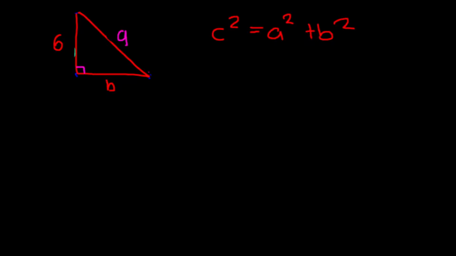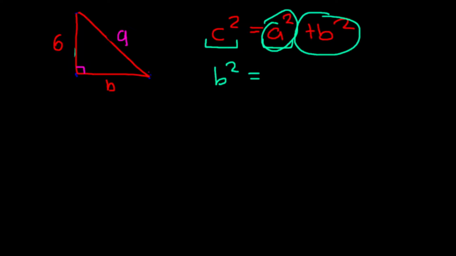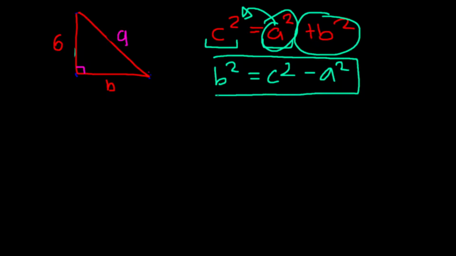We know what c squared is, and we know what a squared is, but we don't know what b squared is, right? So we keep b squared on one side, and we move a squared to the other side, turning it from a positive a squared to a negative a squared. So the formula you would want to use is b squared is equal to c squared minus a squared.